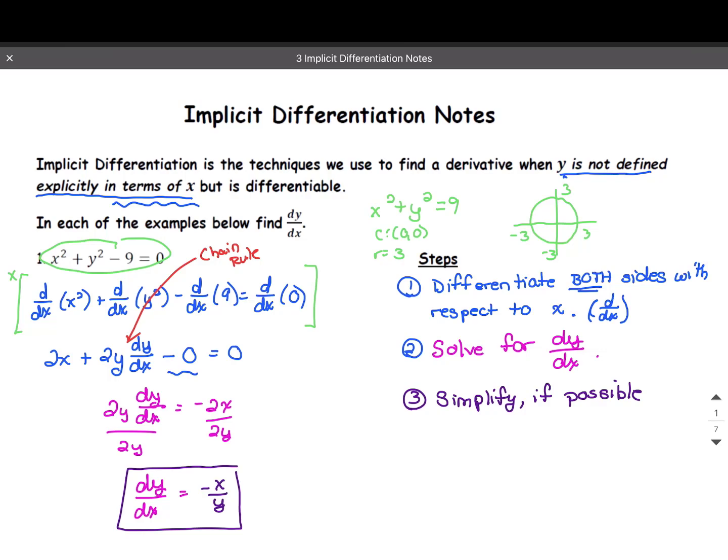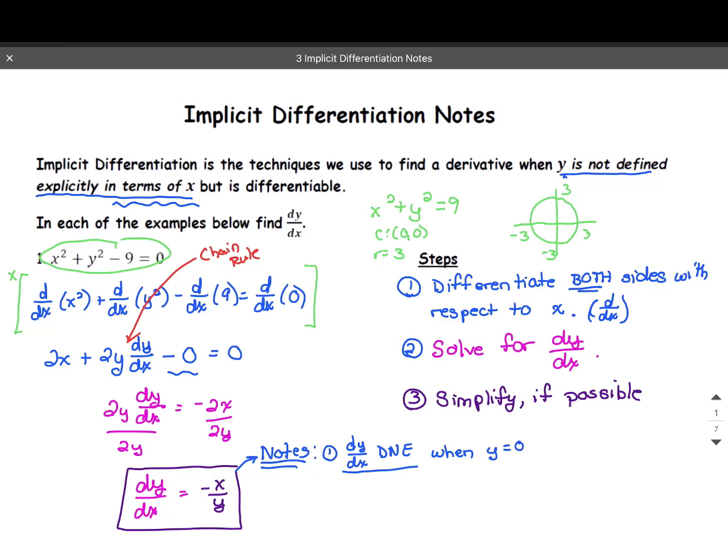Now, I've got a couple of notes here that I want you to think about based on this derivative. The first thing I want you to think about is, when does the derivative not exist? The derivative does not exist when the denominator is 0, so when y equals 0.